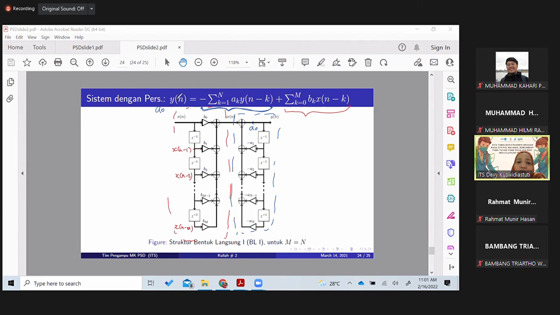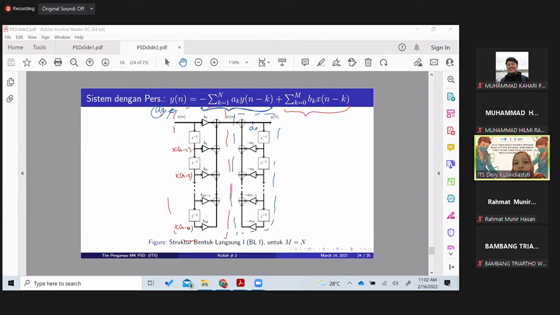But if you want to make the equation into the definition of yn, then this constant must become a division of the ak and bk constants on the right side.